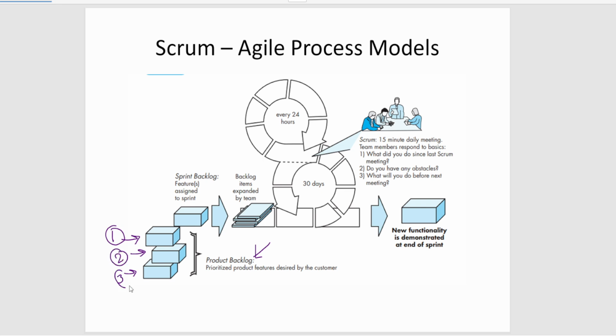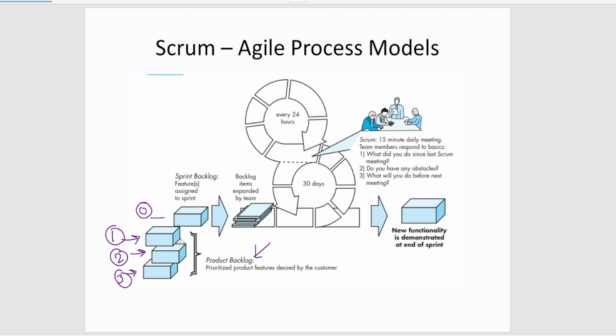This is the priority that you have given, and suppose zero is the highest priority. So you pick up the highest priority set of features from the product backlog, which has the set of features lined up as per the customer's priority list.